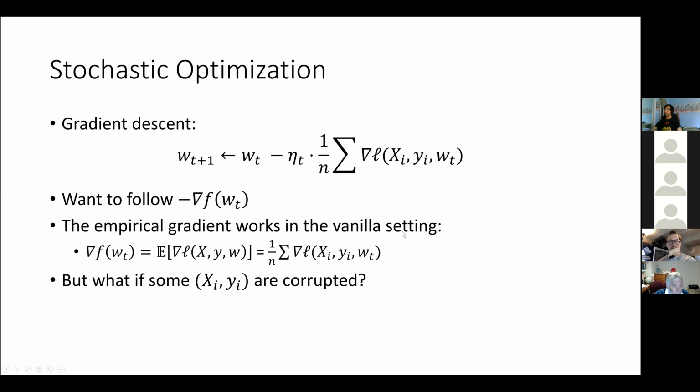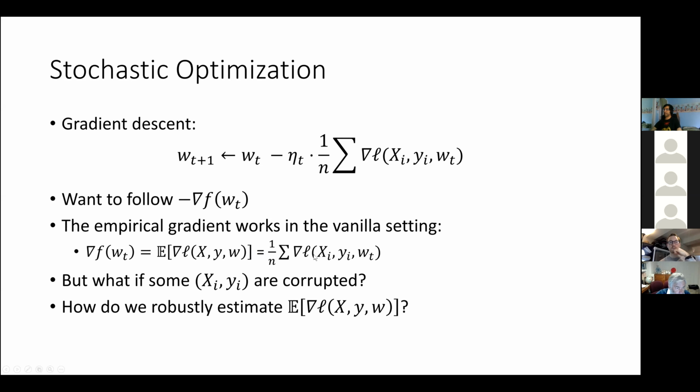But what if some of the (x_i, y_i) pairs are corrupted? How do we robustly estimate the gradient of the function? We can't just take the empirical mean of the gradients. In fact, if you've been paying attention in the first 75% of the talk, instead of using the naive empirical mean estimate, we're going to use some of the tools we've constructed.